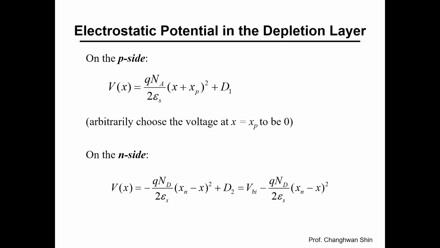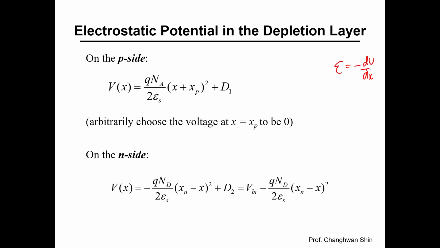So now let's move on to the electrostatic potential in the depletion layer. Now that we have established the electric field distribution, our next step is to find the electrostatic potential throughout the depletion region. We will do this by integrating the electric field, since the electric field is equal to minus dV/dx. On the P side, we integrate our electric field expression.